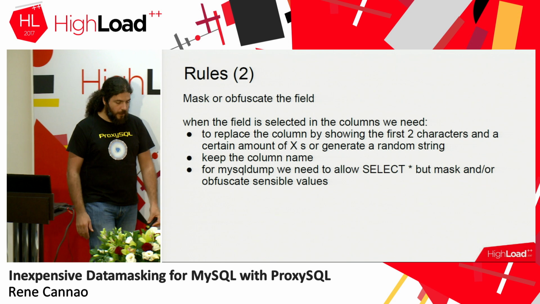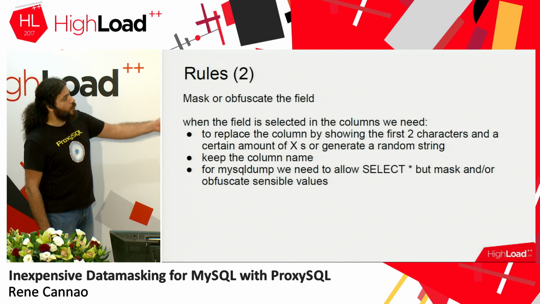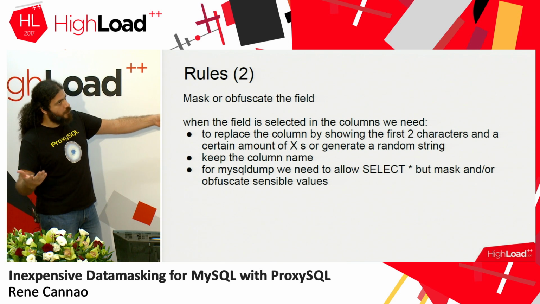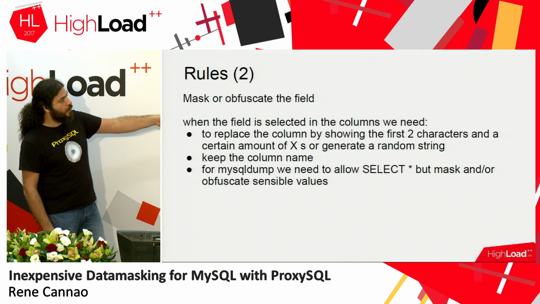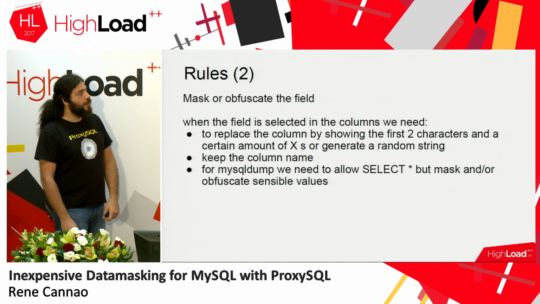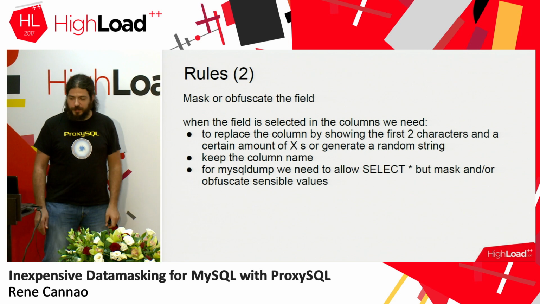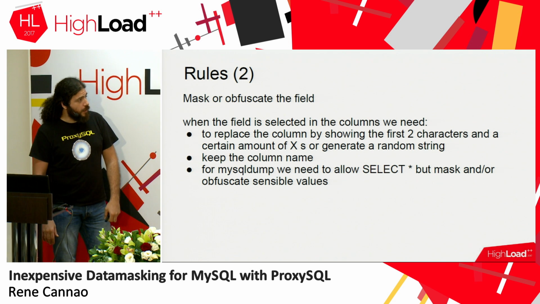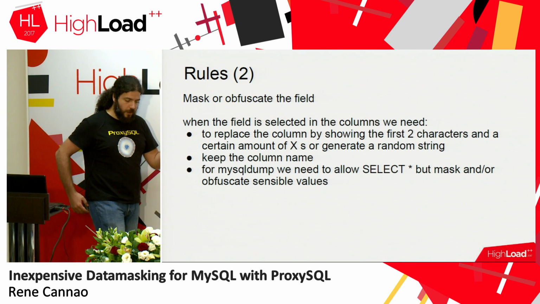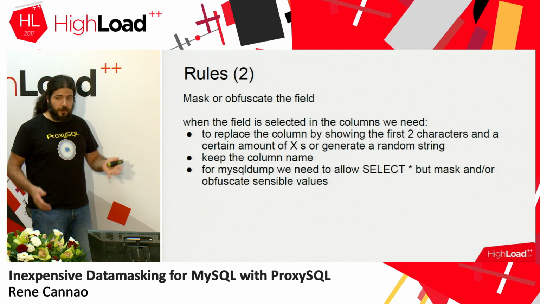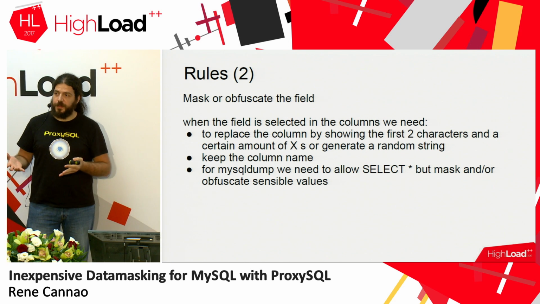And again, for the obfuscation, in the case of first name, we are taking the first 2 characters and replacing everything else with X or with random strings, depending. This creates some complication because soon I will show you how the query is being rewritten.